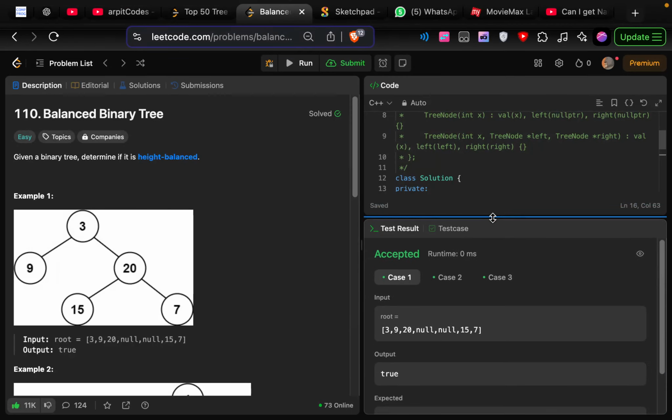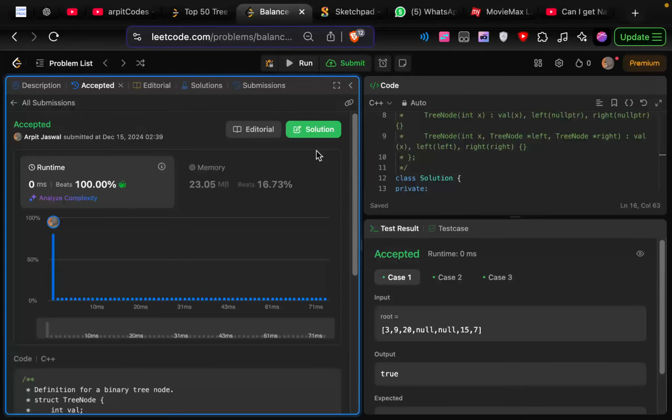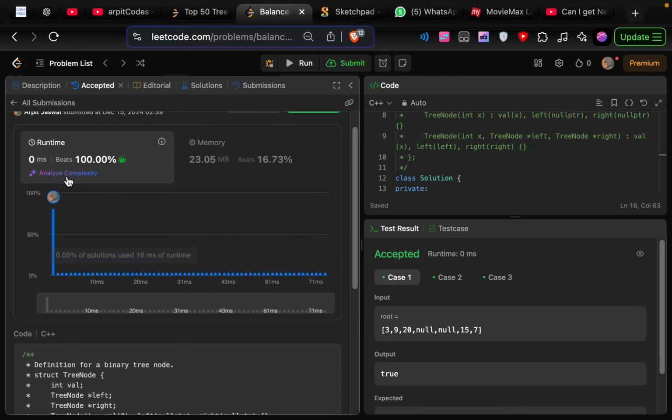So this works, but it is not efficient because it is traversing every node twice, sort of.